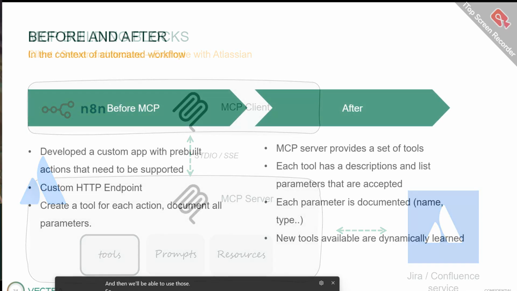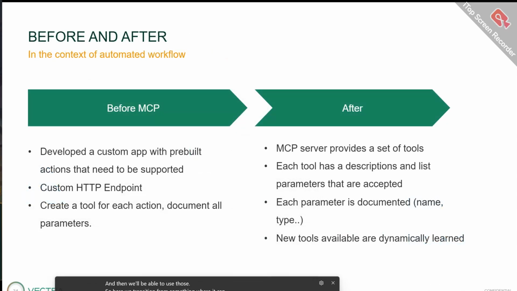So here we transition to something that can be much more dynamic. Before MCP, we had to develop custom apps. We had to add a specific tool or action for every tool. We may need to use custom HTTP endpoints, but it became very, very difficult to manage. Now with MCP, the MCP server will provide us all the tools that are available to interact with a specific service.